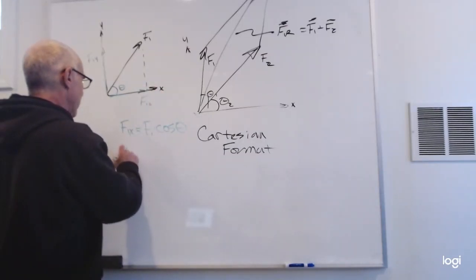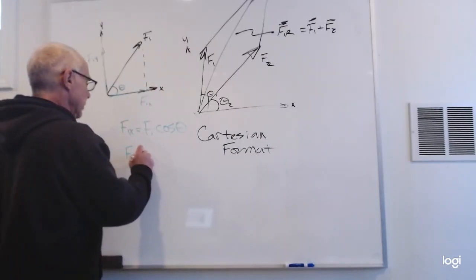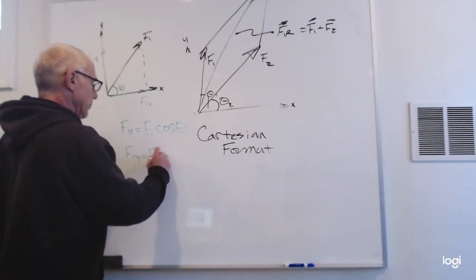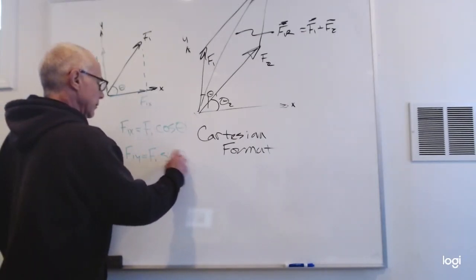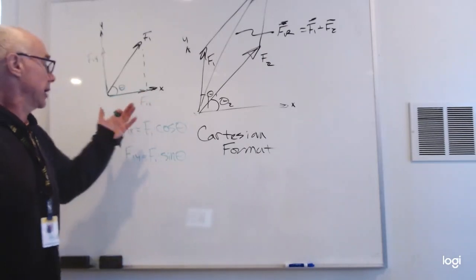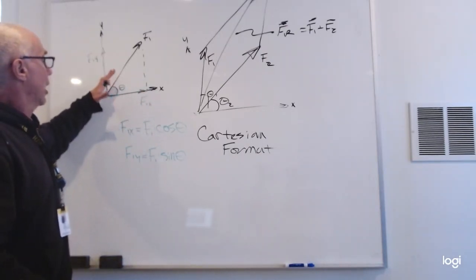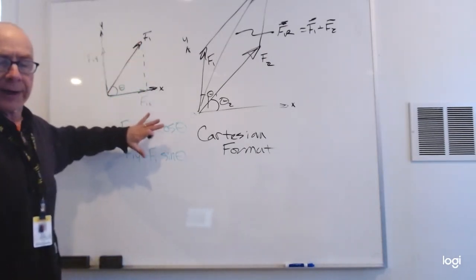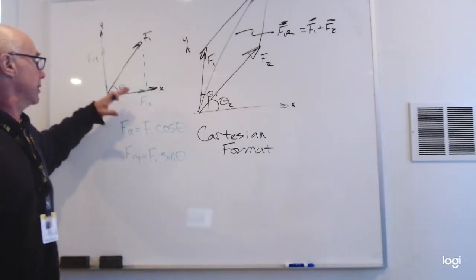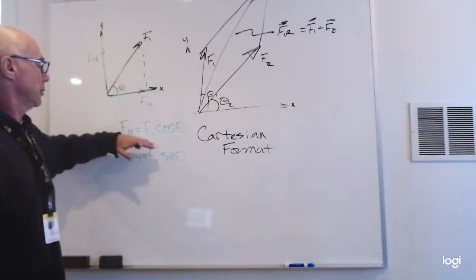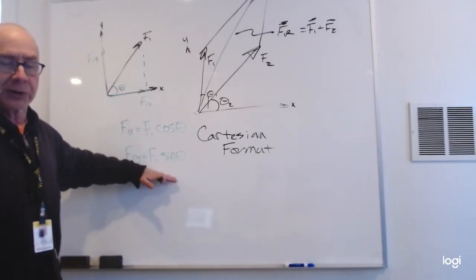And F1y equals F1 times sine theta. Easily done. So now we know how to represent our F1 using these rectangular components, and it's easy to find what those are using our trigonometric relationships.